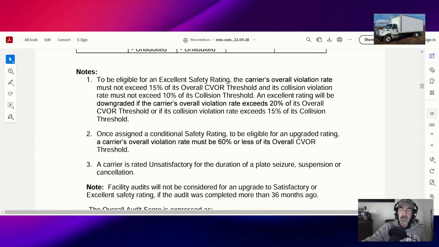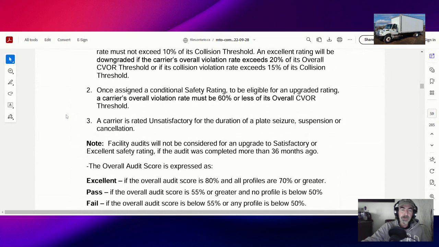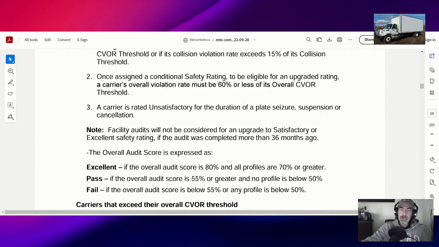An excellent rating will be downgraded if the carrier's overall violation rate exceeds 20% of its overall CVOR threshold, or if its collision violation rate exceeds 15% of its collision threshold. Once assigned a conditional safety rating, to be eligible for an upgraded rating, a carrier's overall violation rate must be 60% or less of its overall CVOR threshold.